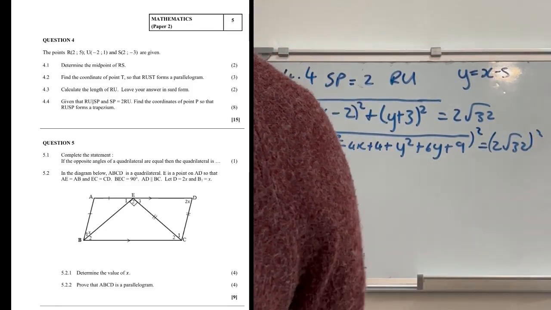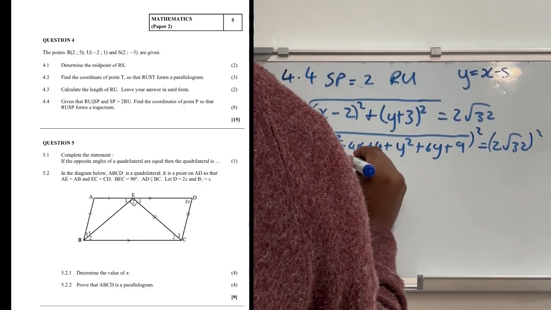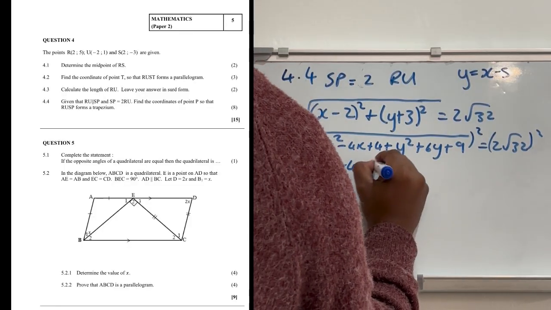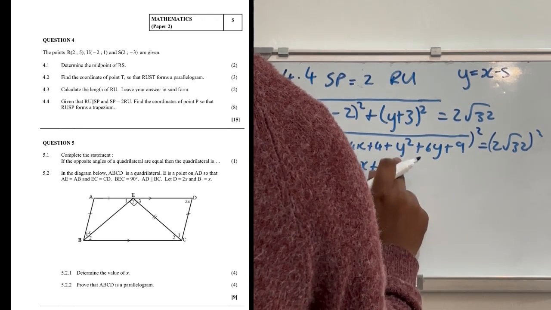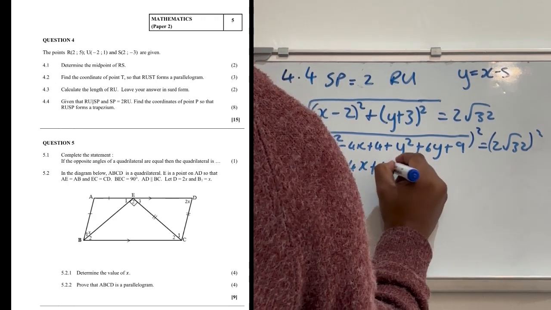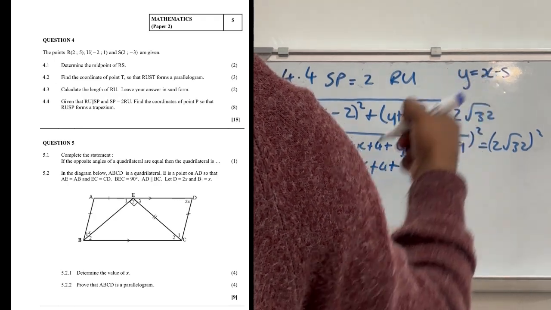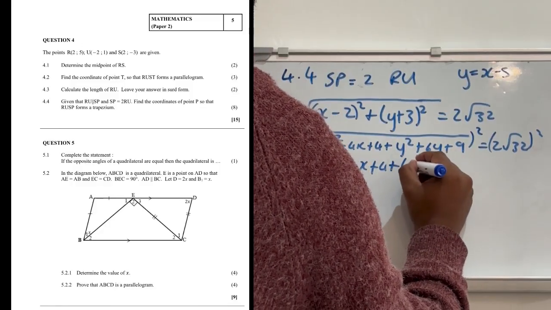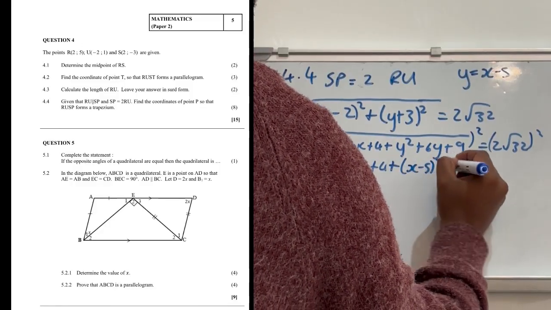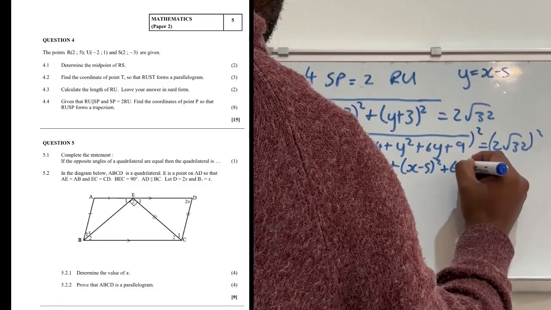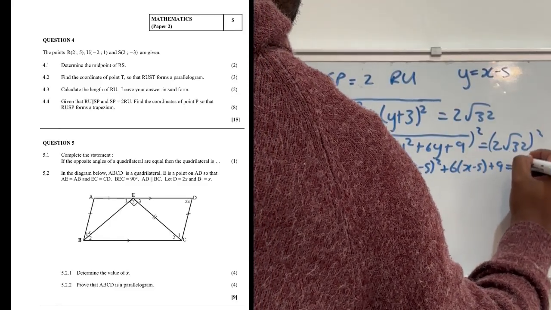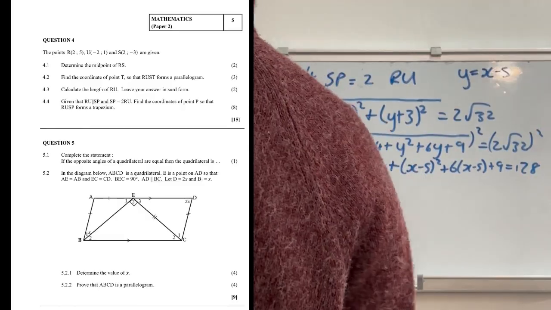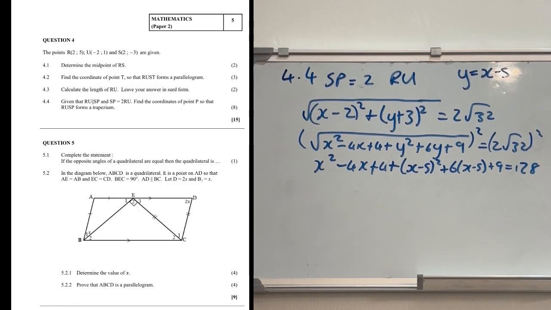So here we're going to get x squared minus 4x plus 4, but then I'm going to substitute y here, so that's going to be (x minus 5) squared plus 6 times (x minus 5) plus 9, and this just becomes 128, because that squared is just 128.